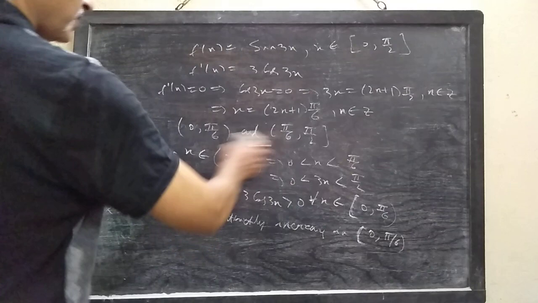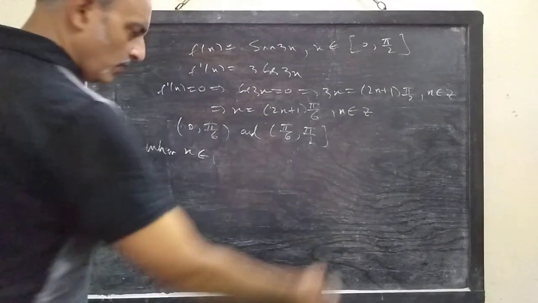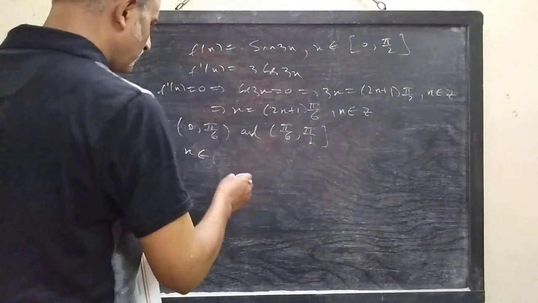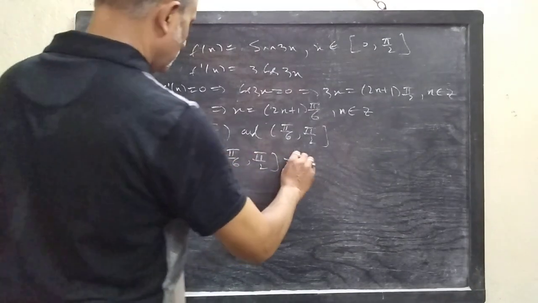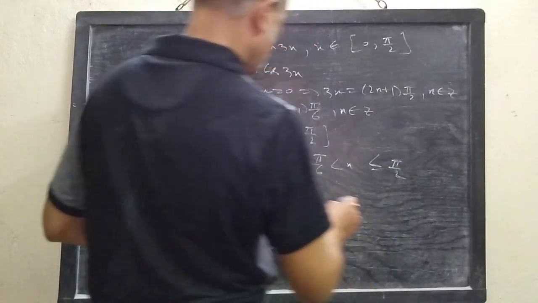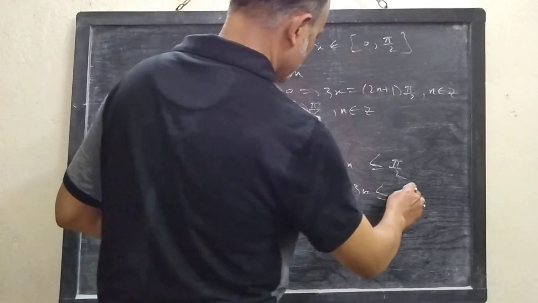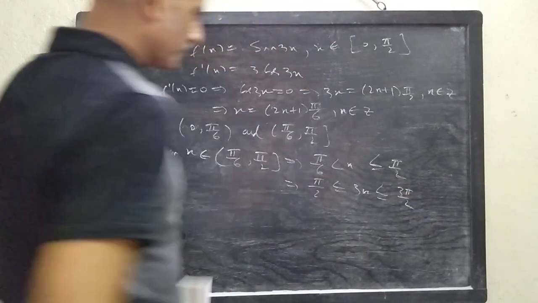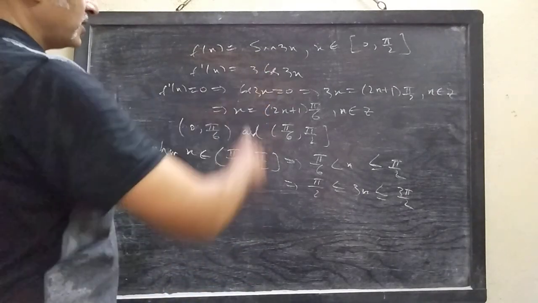Next, let us choose x from this interval. When x belongs to closed pi by 6 to pi by 2, that implies, multiplying by 3, you get 3x between pi by 2 and 3 pi by 2. So when 3x lies between pi by 2 and 3 pi by 2, that is the second and third quadrant, in those quadrants cos 3x is negative.